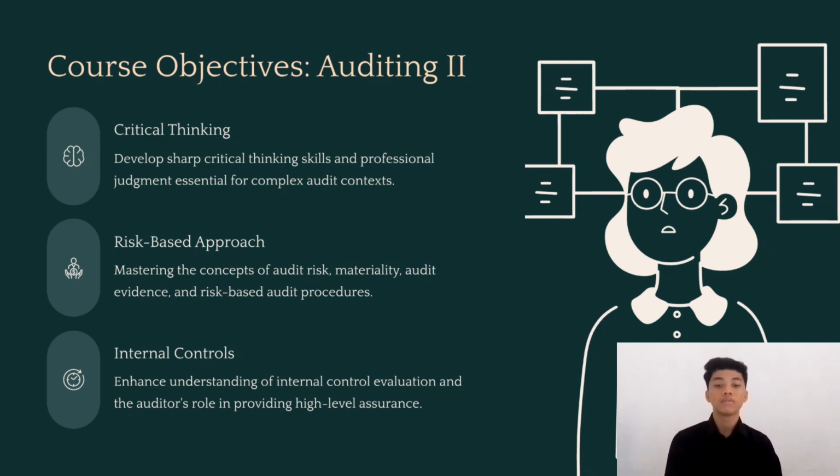The second, risk-based approach, is mastering the concepts of audit risk, materiality, audit evidence, and risk-based audit procedures. The last, internal control, is understanding internal control evaluation and the auditor's role in providing a high level of assurance.